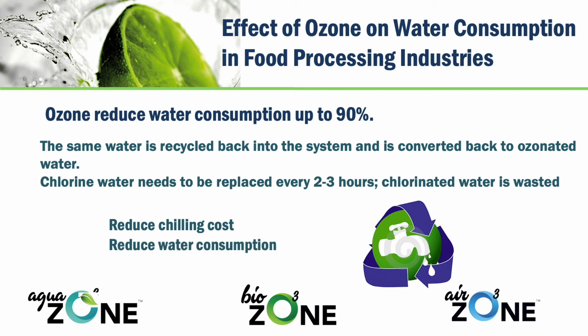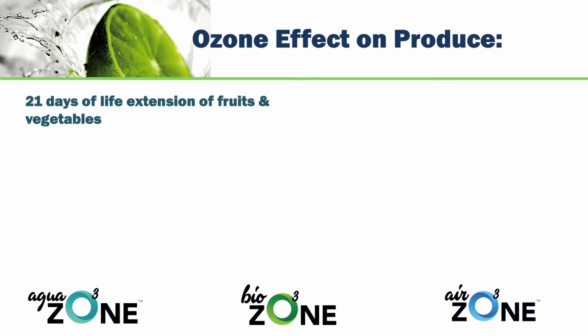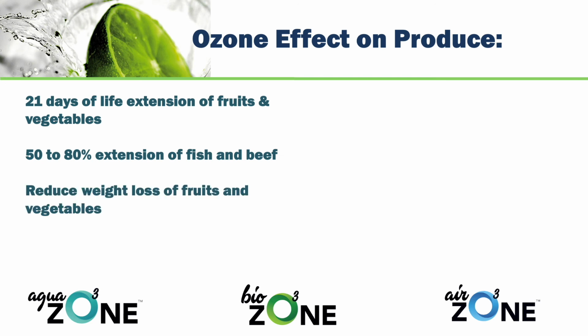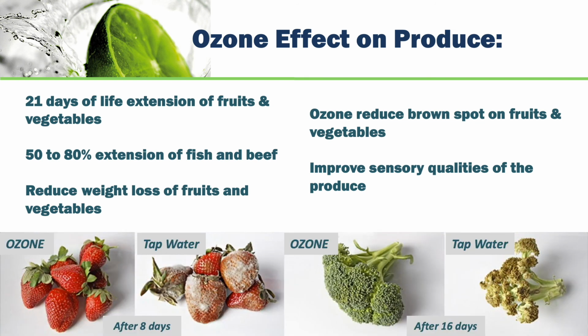With ozone, you get reduced chilling cost, reduced water consumption, and its effect on produce, well, obviously 21 days of life extension of fruit and vegetables, as opposed to chlorine, and 50 to 80% extension of fish and beef. It will reduce weight loss of fruit and vegetables. Ozone reduces brown spot on fruits and vegetables and improves sensory qualities of the produce.